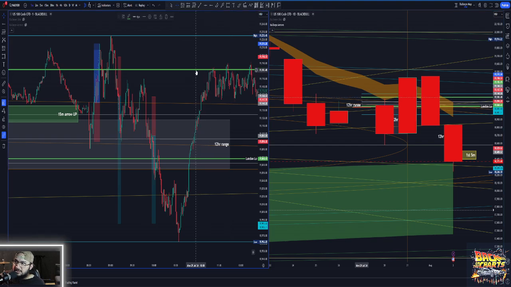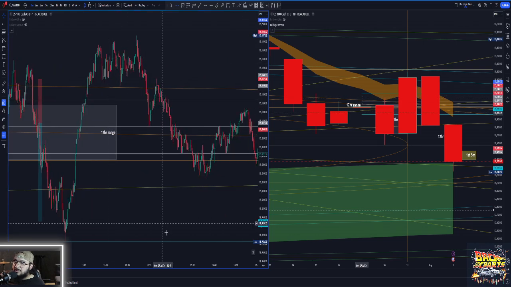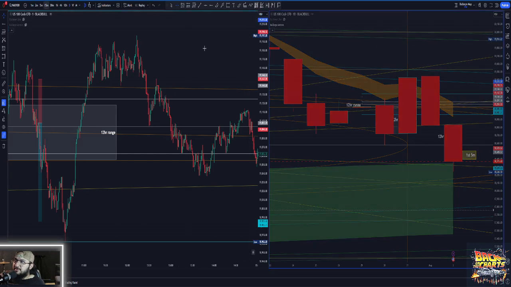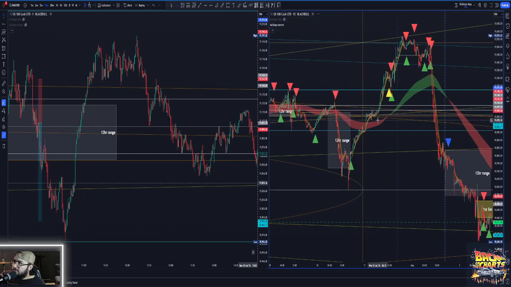All right, so let's get rid of Monday's information, London high and low. And I already marked up the 12-hour range. So all we need to do is jump to a 15-minute time frame, and we'll just scoot on over to Tuesday.